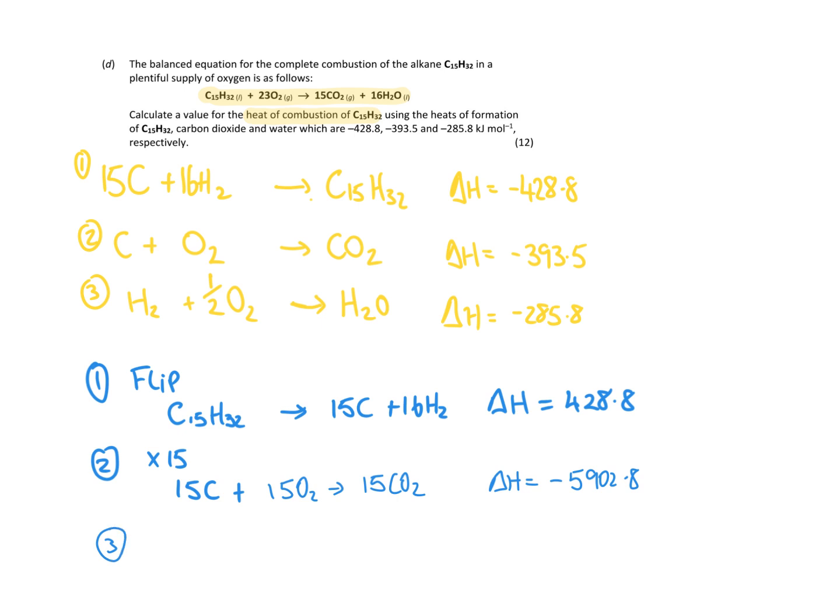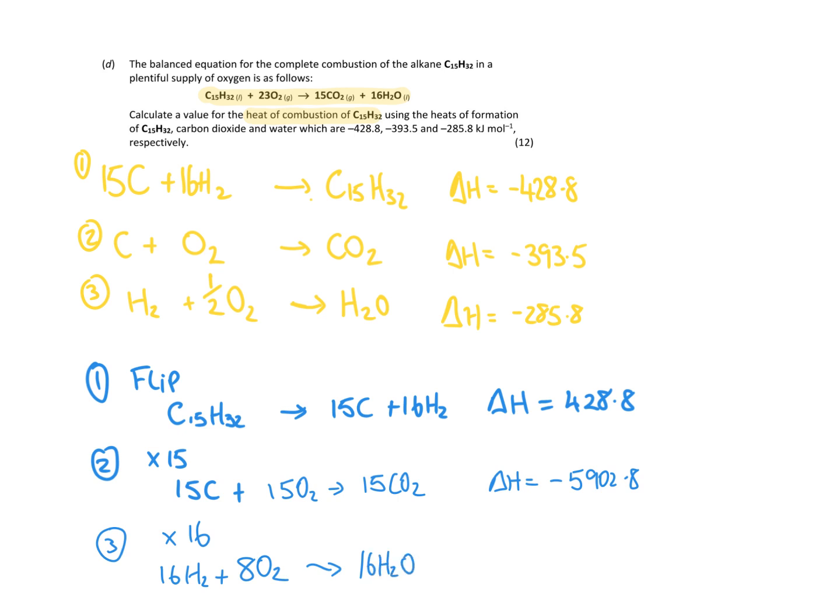Next, we'll move on to equation 3. I can see in equation 3, what is of interest to me is the water. I have 1 water in equation 3, but I have 16 in my target. That tells me I need to multiply equation 3 by 16. That will give me 16H2 plus 8 O2, because it's a half O2, so a half times 16 gives me 8. And that converts into 16H2O.